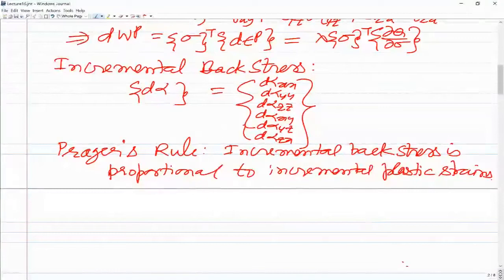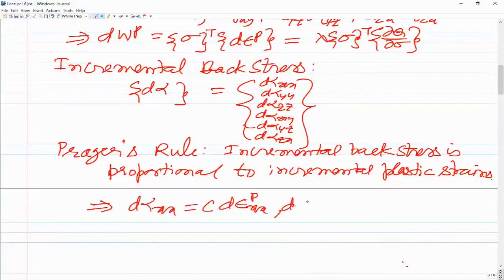That means if we use a proportionality constant C, then d alpha xx would be C times d epsilon xx p, and this is an uncoupled relationship. d alpha yy would be C into d epsilon yy p, and d alpha zz would be equal to C into d epsilon zz p. And similarly, because alpha xy and the others are tensorial components, we need to use the tensorial component of incremental plastic strain.